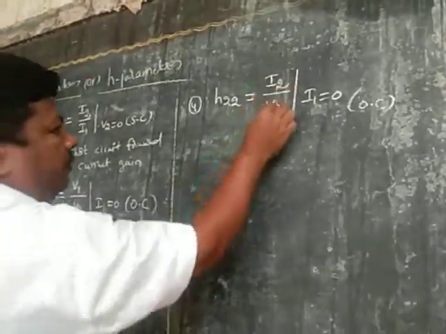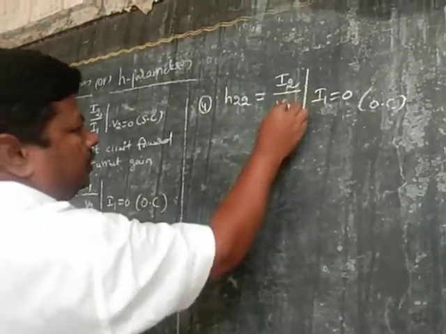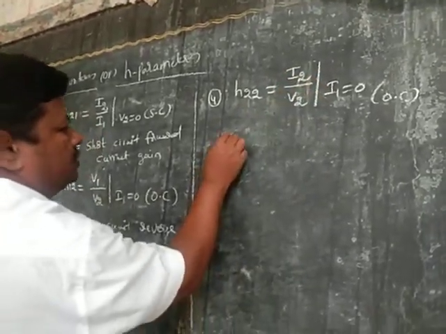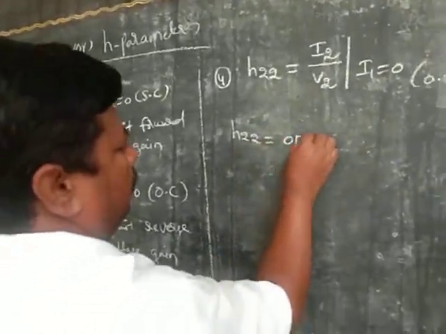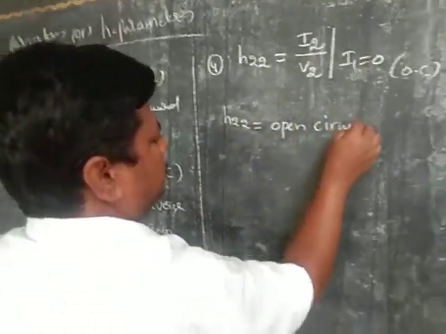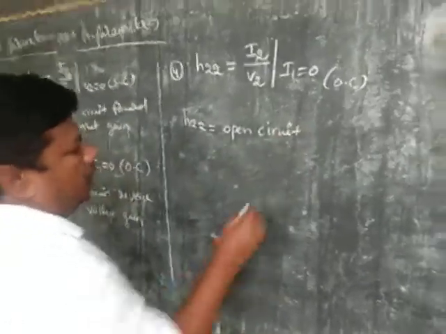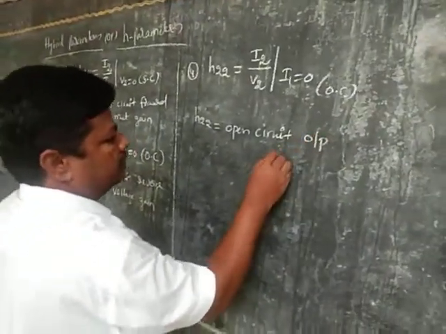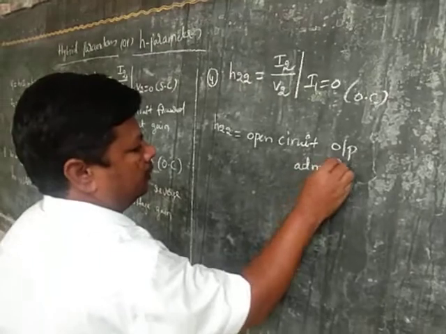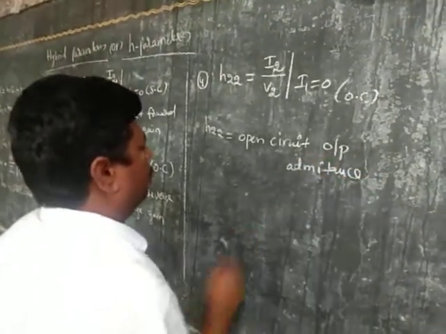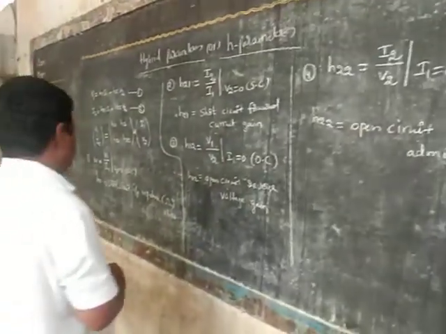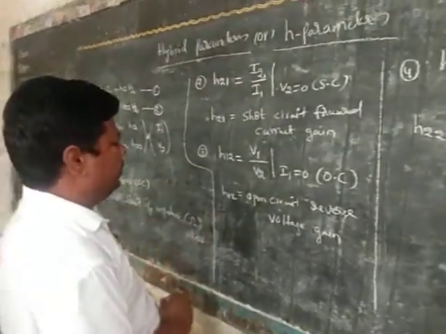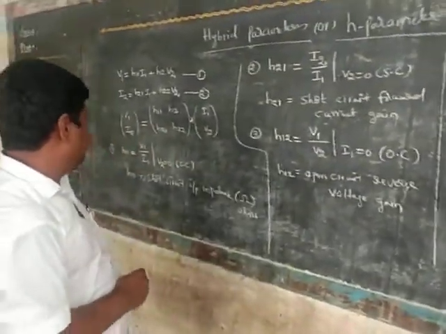So I by V is admittance, and both are at the output port. H22 is also called open circuit output admittance. So these are all the 4 H parameter definitions.